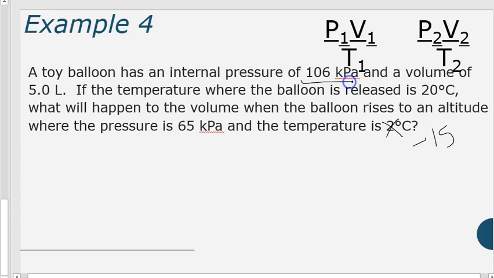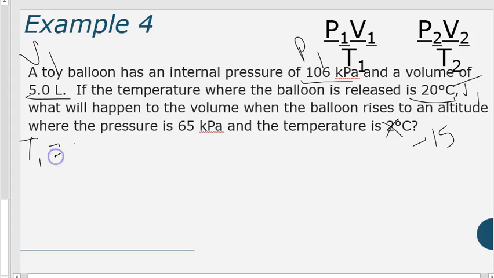We have 106 kilopascals, that is pressure 1. Then we have a volume of 5 liters, that is volume 1. And then they give us temperature 1, which is 20 degrees Celsius. We need to change that to Kelvin. So that should be 293.